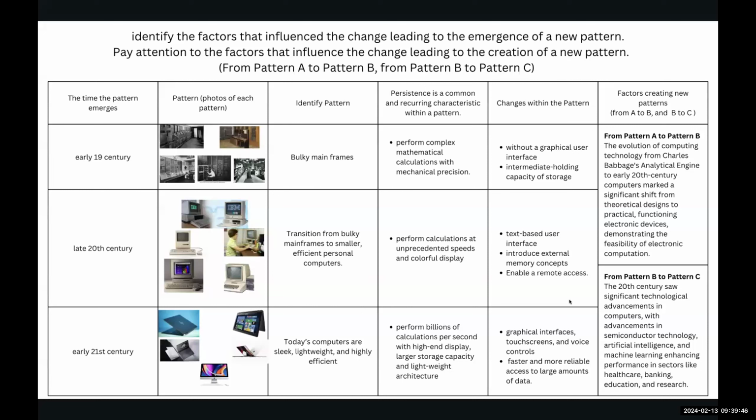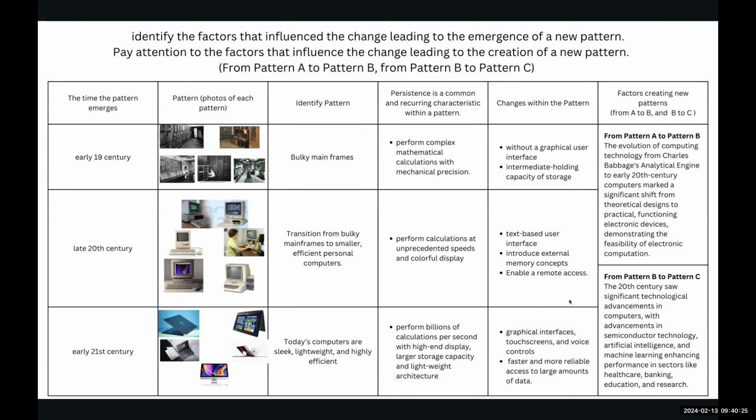Here I would like to mention the factors creating the new patterns from pattern A to pattern B. As we know, the evolution of computing technology from Charles Babbage's Analytical Engine, the first computer in the 19th century, to the early 20th century computer happened because of mechanical complexity and size, and the inability to be widely made and used for different jobs.